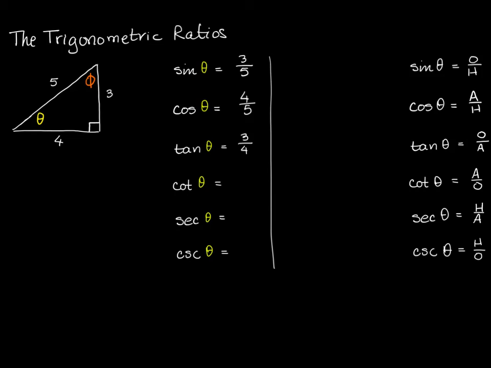The length of the side adjacent to theta is 4, and the length of the side opposite is 3. Secant is hypotenuse over adjacent, so we have 5, the hypotenuse, over 4, the adjacent. And cosecant is hypotenuse over opposite, so we have the hypotenuse, 5, over the opposite, 3.